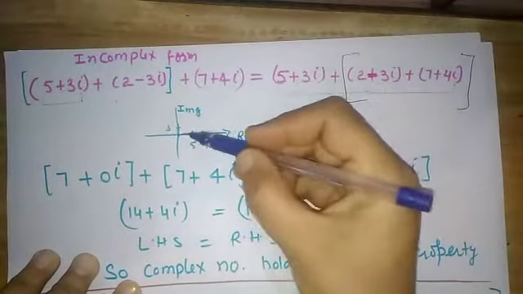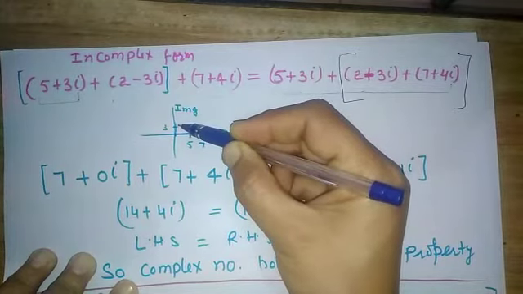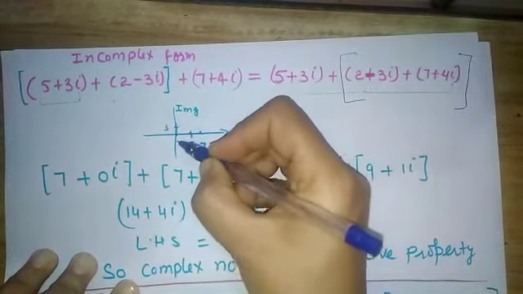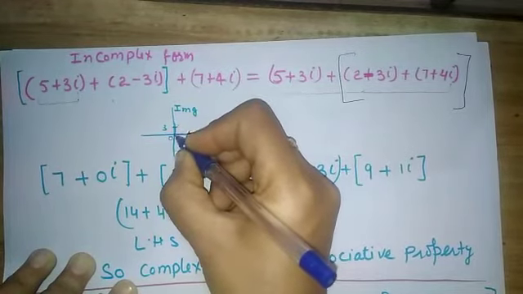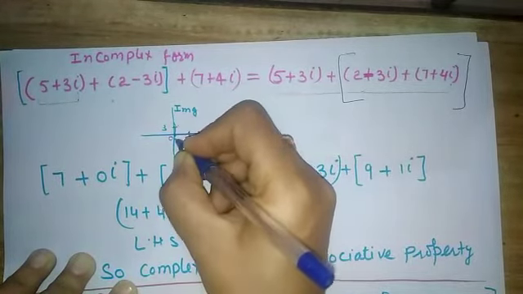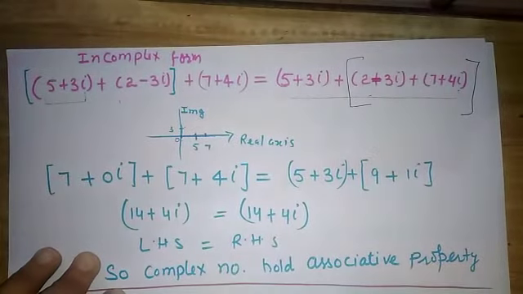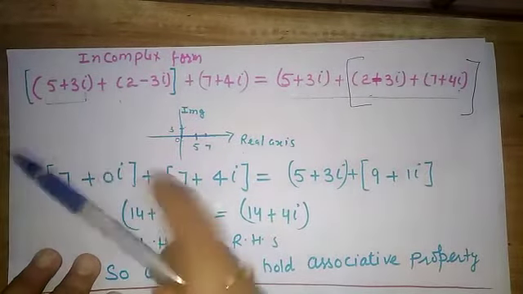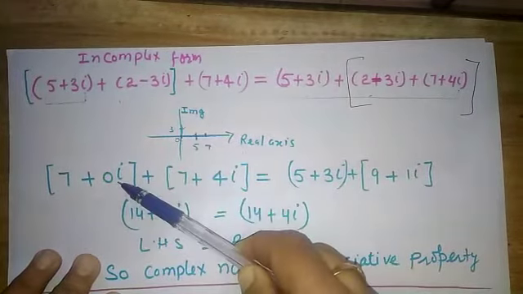If I have taken 3 steps toward the imaginary and then 3 steps back on the imaginary axis, it will become 0, because 3 steps forward and 3 steps backward give me the same position as the initial position. So 3 iota and minus 3 iota give me 0 iota.